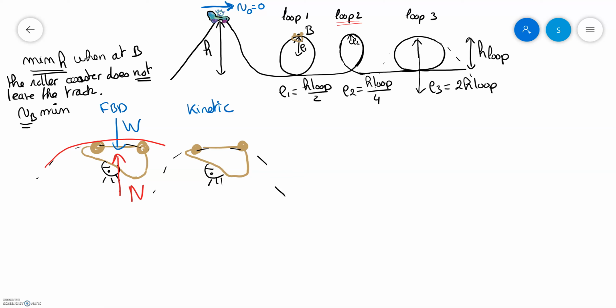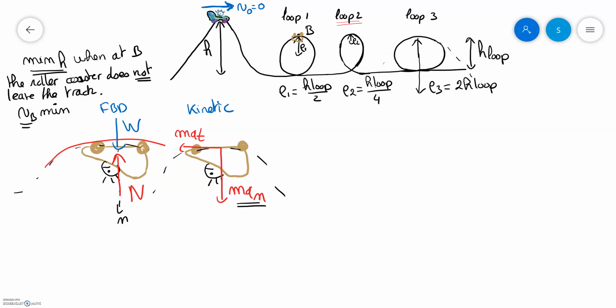On the kinetic diagram, what we have is m a_t, the tangential acceleration, and m a_n, the normal acceleration. So that's my axis n. Let's just look at m a_n.